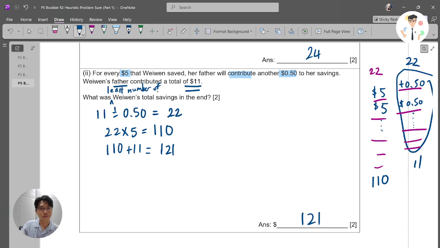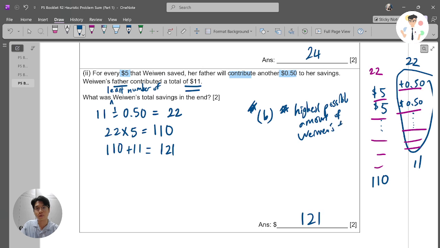But if the question is changed to, for example, what was the highest possible amount of Wei Wen's total saving in the end, then this can probably go up to 114.